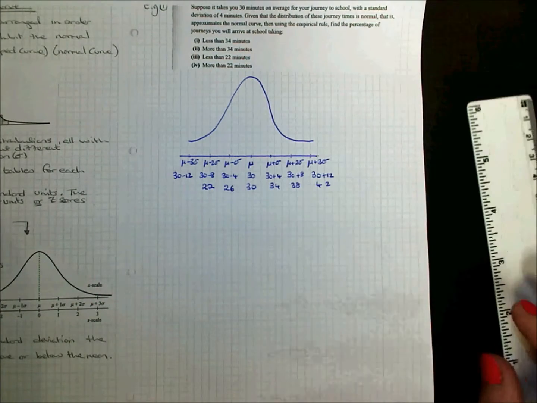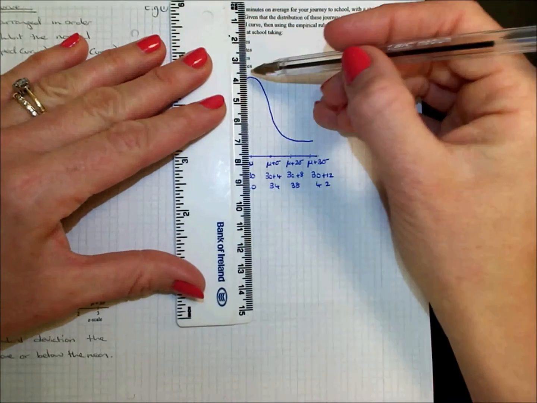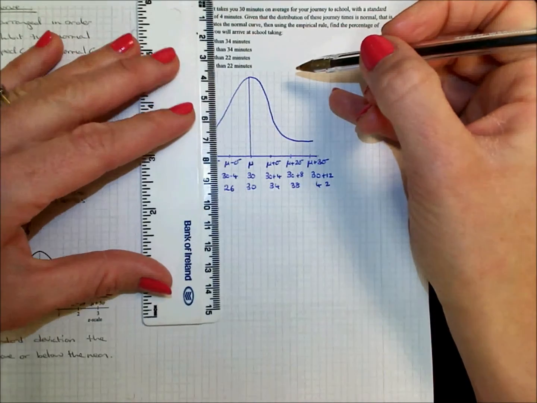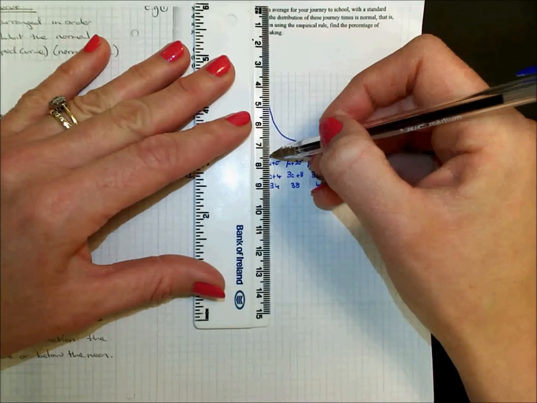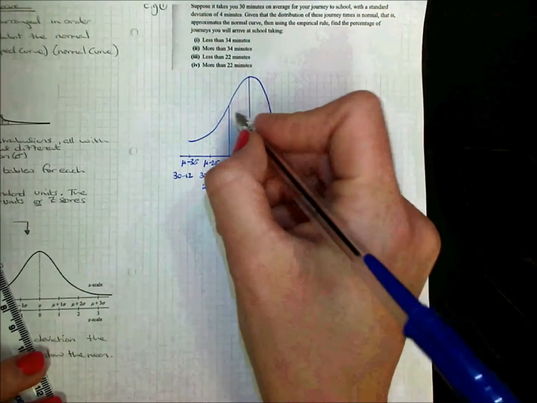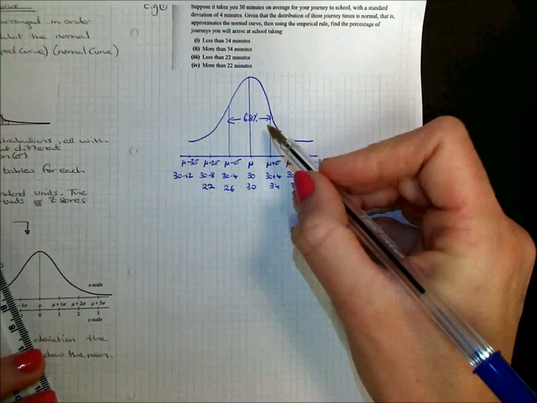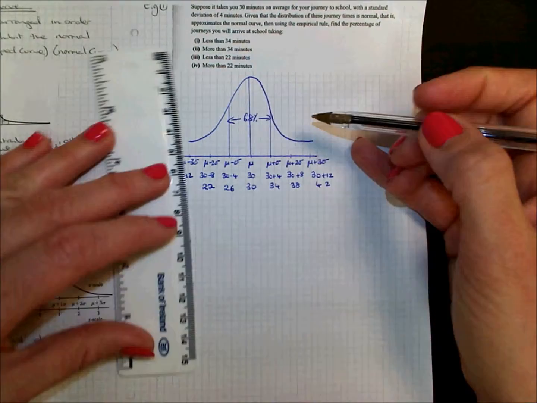So this is my mean, so I'm just going to draw my line to center my normal, and mu minus sigma and mu plus sigma. So this here is 68% of the population lying within this area under the curve.